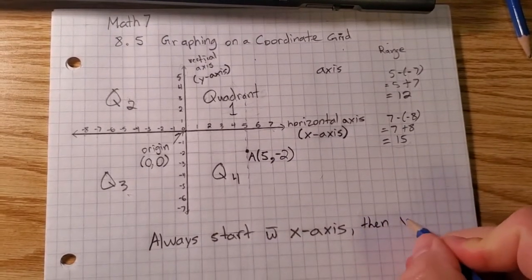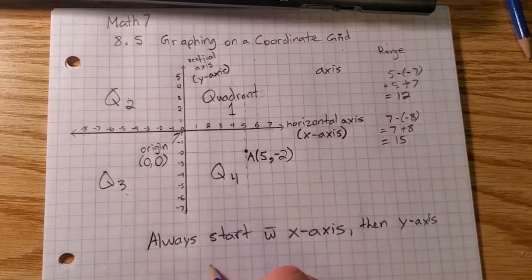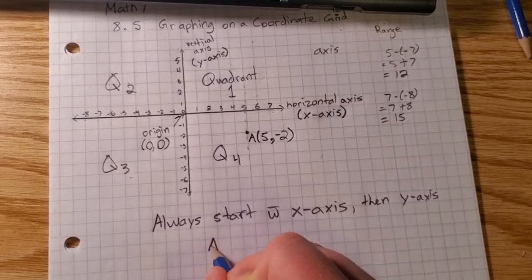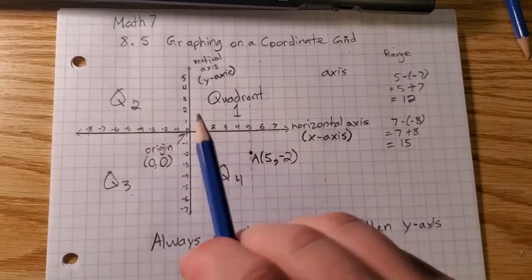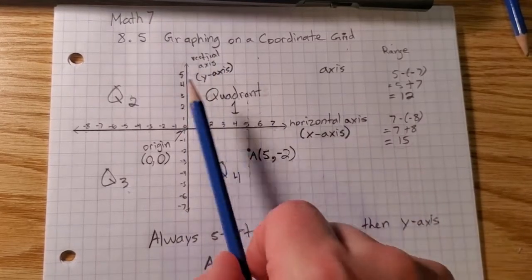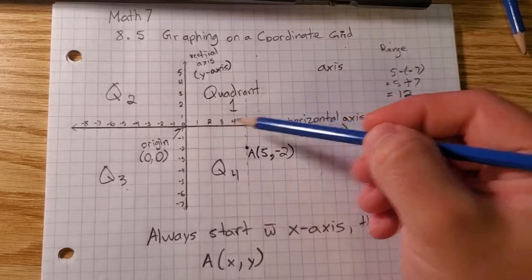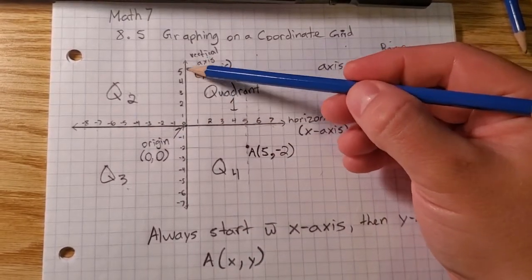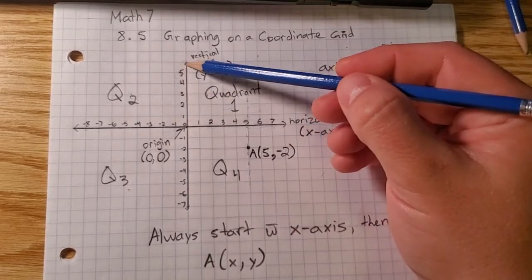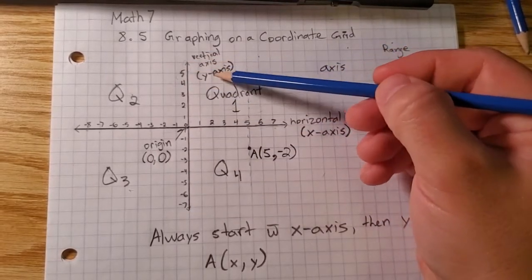Then the y-axis. Okay? So it should look like the letter, and then your x, and then your y. Now don't get confused, because the lines that mark where the numbers are on the axes, the line where x is 0, is the line that represents the vertical axis, the y-axis.